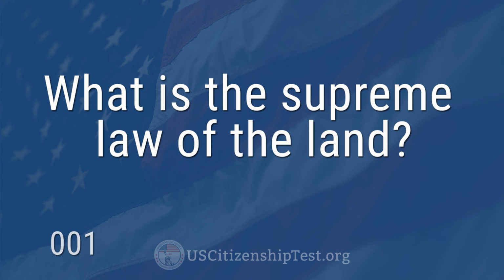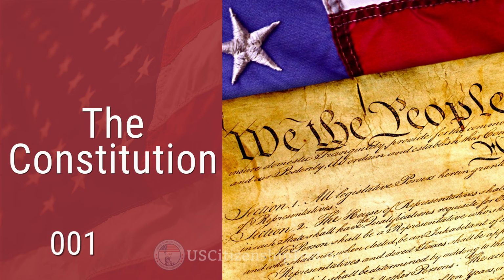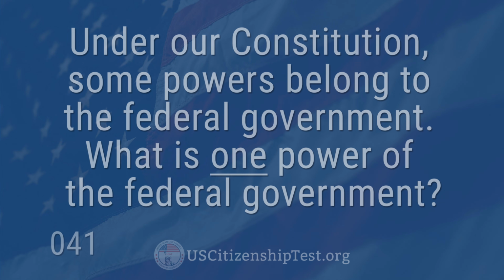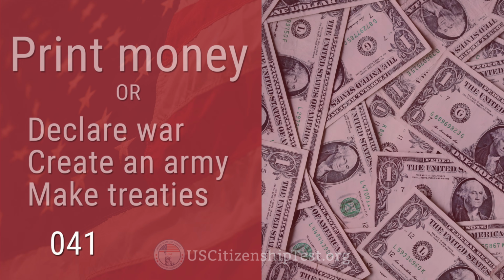What is the supreme law of the land? The Constitution. Under our Constitution, some powers belong to the federal government. What is one power of the federal government? To print money.